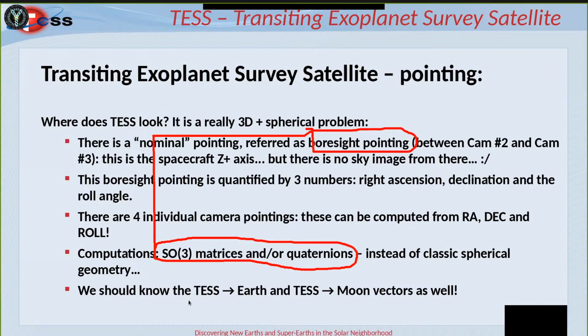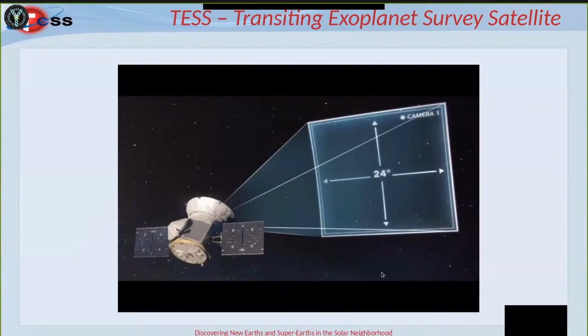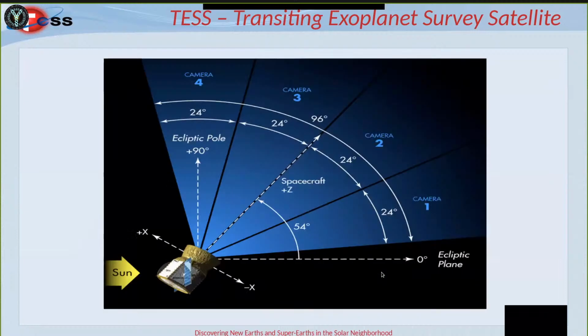And what is important is that we should also know these vectors, the vectors between TESS and Earth and between TESS and the Moon, and we will see later on what that means. Okay, so here is a nice view of TESS and its field of view. If you put the four cameras together, you will get something like this.